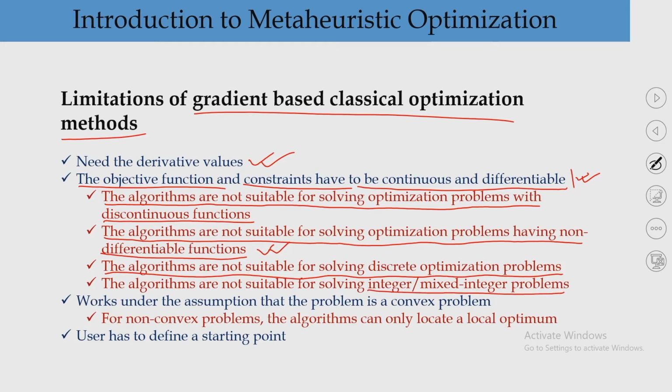Many times what happens, suppose I give an example of an integer problem. Suppose you would like to design a particular beam or column, and design the reinforcement. I would like to minimize the reinforcement requirement. Reinforcement is given in terms of the diameter of the bar.